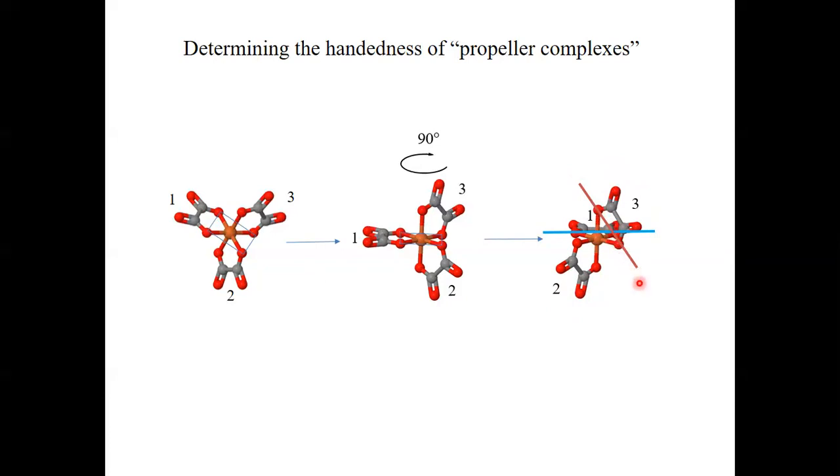Now you decide whether you have to rotate this horizontal line clockwise or counterclockwise in order to make it parallel with this line, whereby you want to rotate around the smallest possible angle.